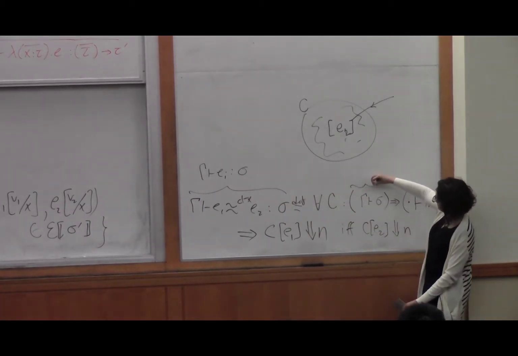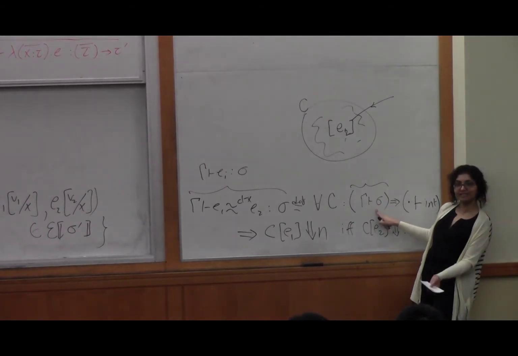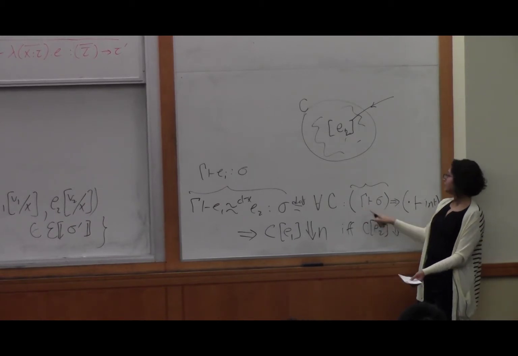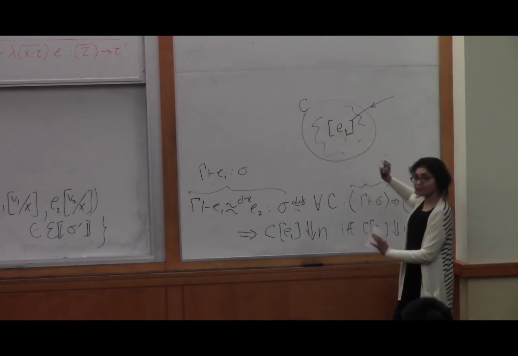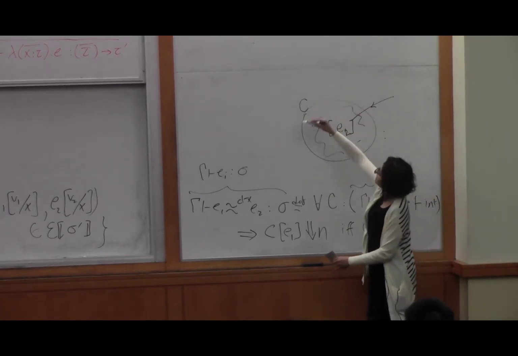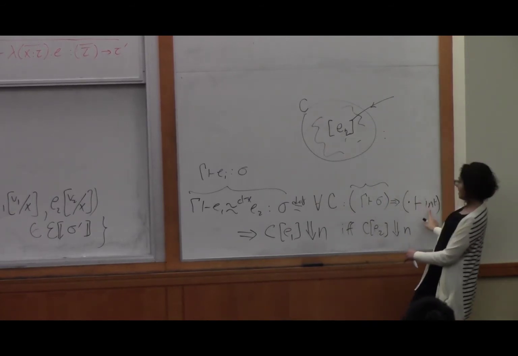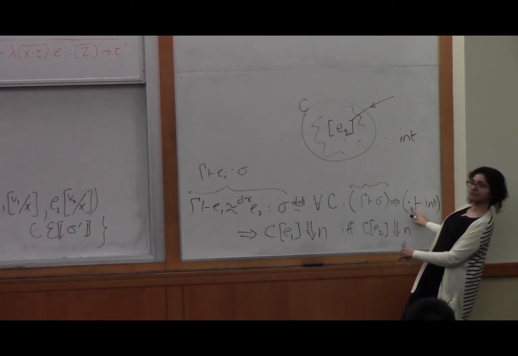So this is a context whose hole is of type gamma sigma, which means you can put in E's which have type sigma under gamma. That's the type of the hole. And when I plug the hole with well-typed expressions of this type, I will get back a complete program, C with E2 in it, which will have the type int under the empty environment gamma.